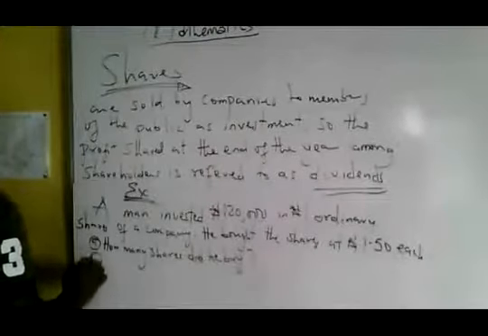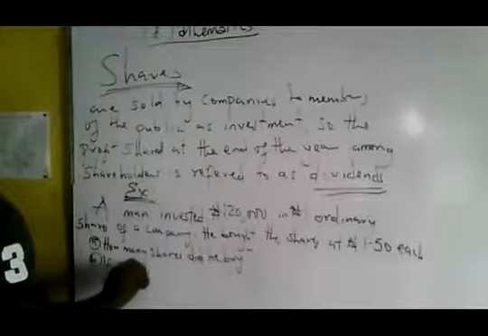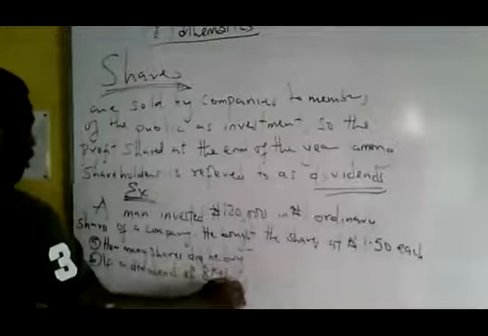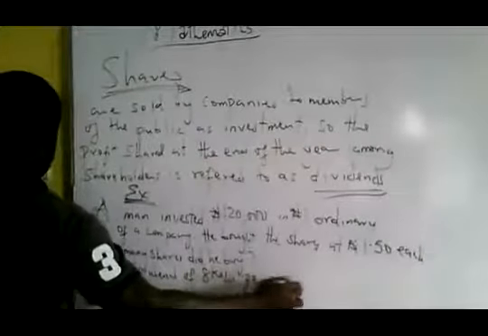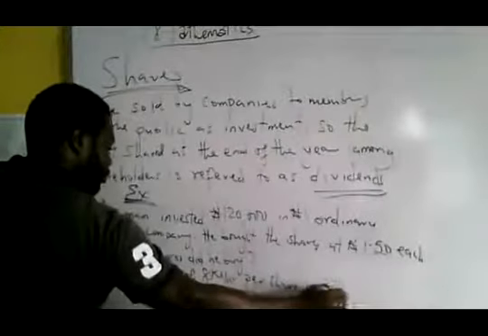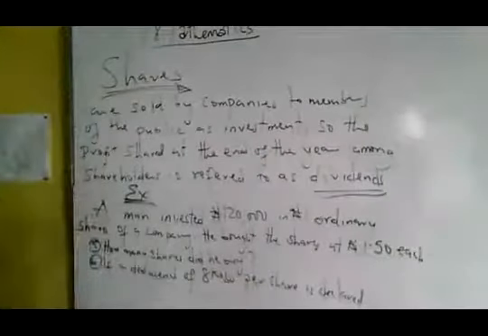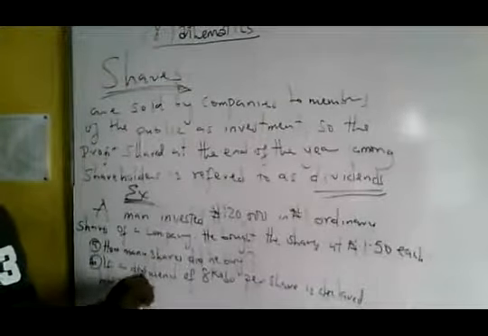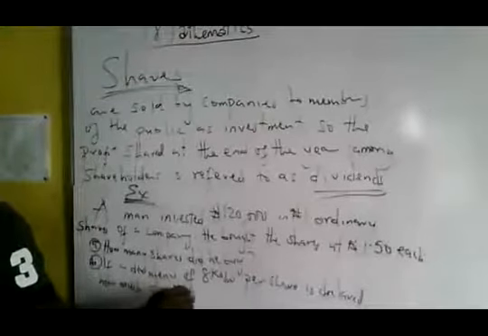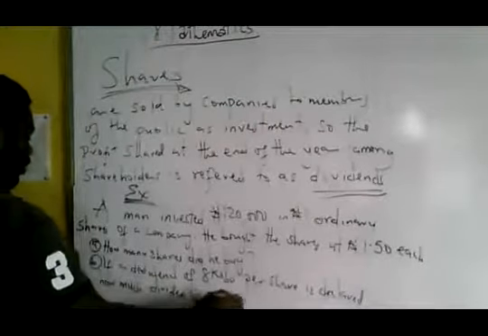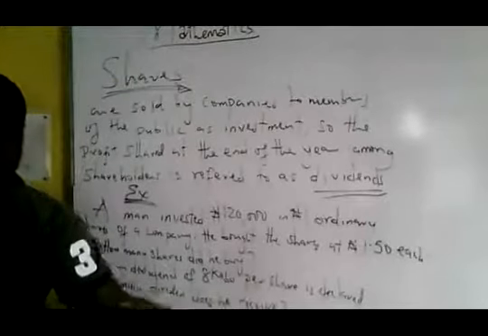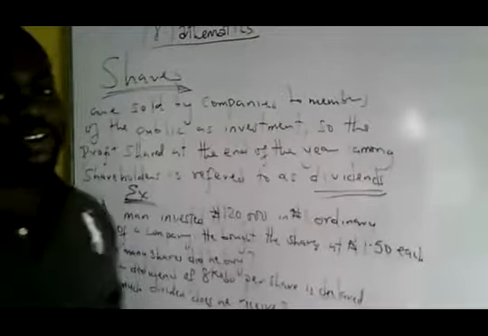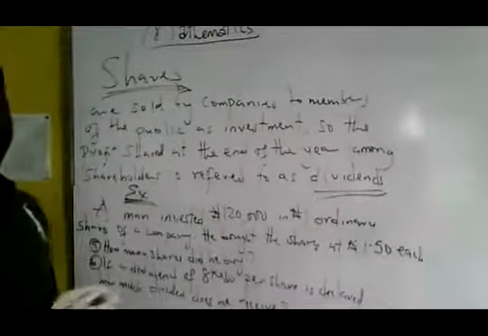The second question: if a dividend of 8 kobo per share is declared, how much dividend does he receive? Very simple, very direct.